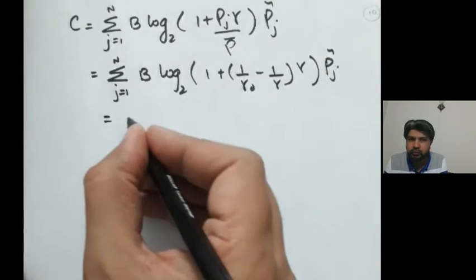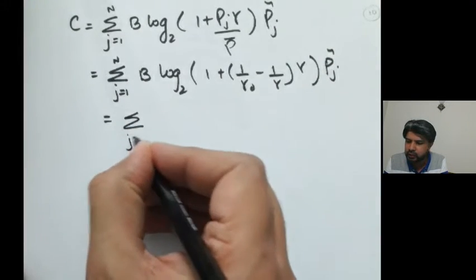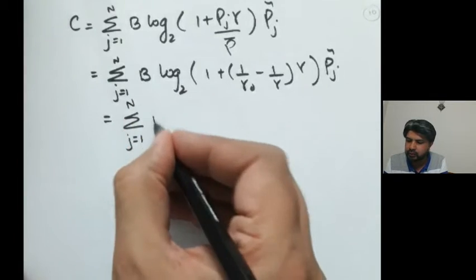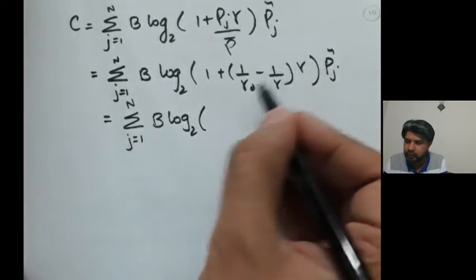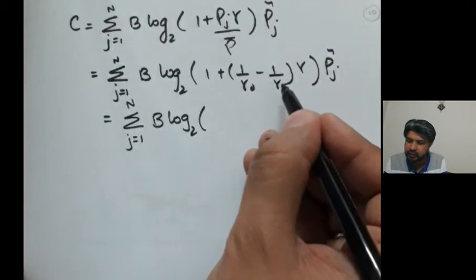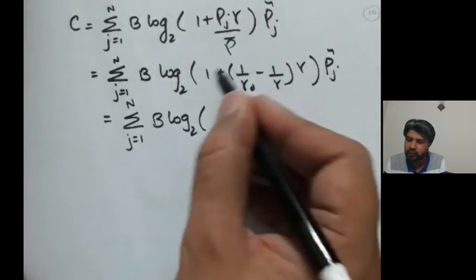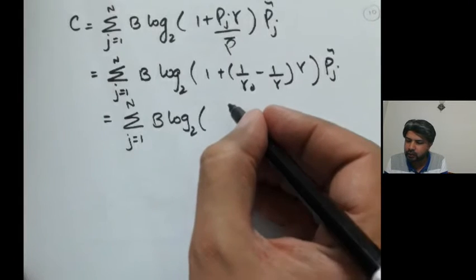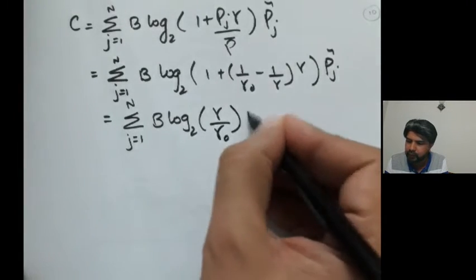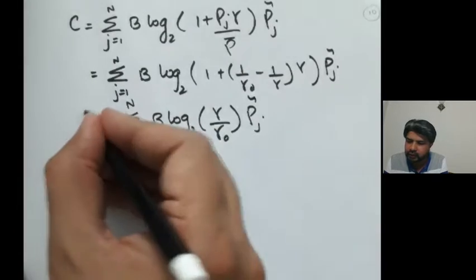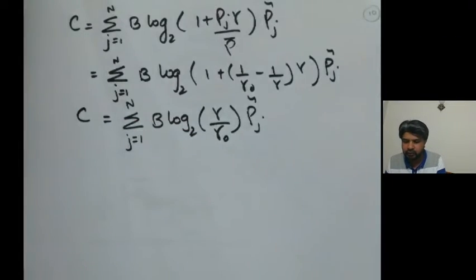That would be equal to the summation of B log base 2 of 1 plus gamma over gamma naught minus gamma over gamma, which is equal to 1. So that 1 cancels out with this one, and we are left with gamma over gamma naught times Pj tilde. So that is our equation for the capacity with this water filling solution.